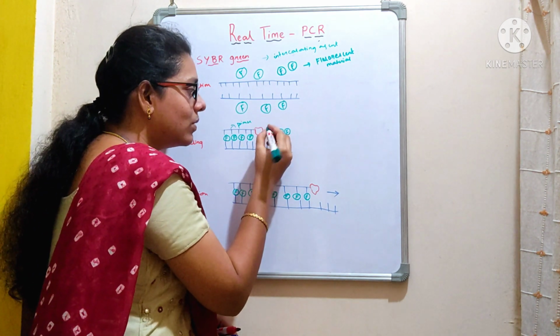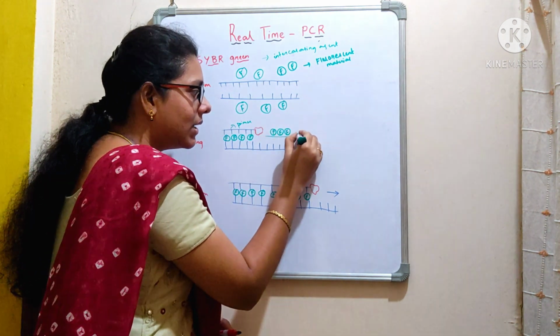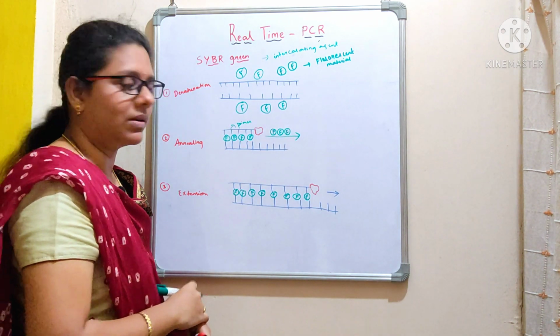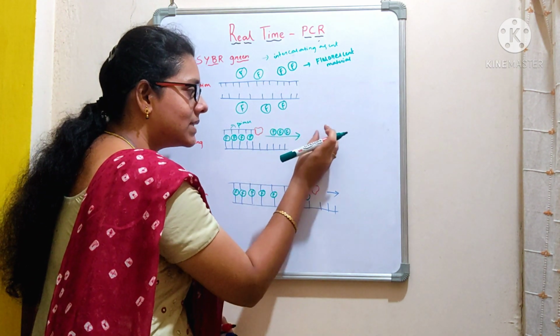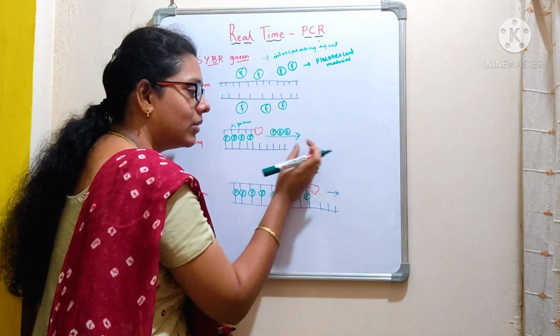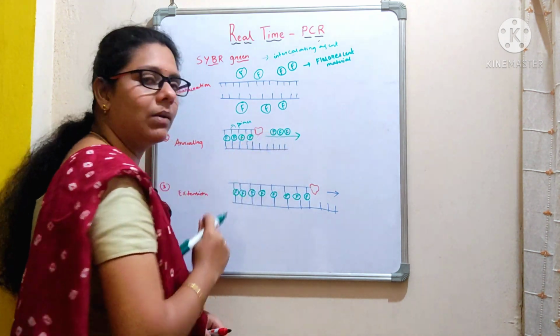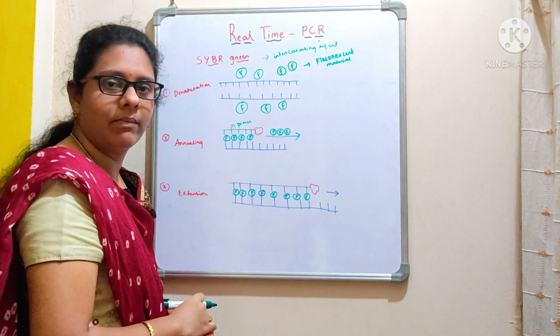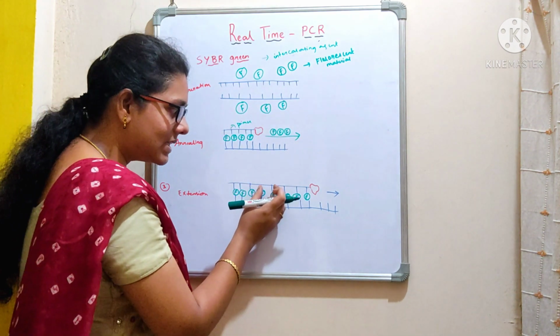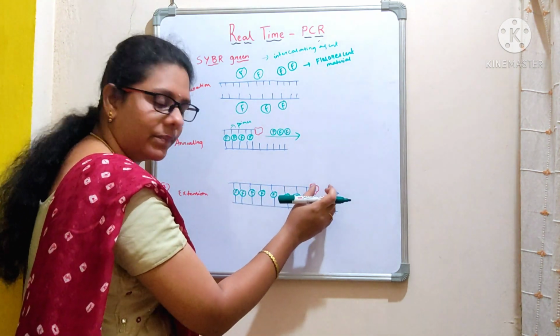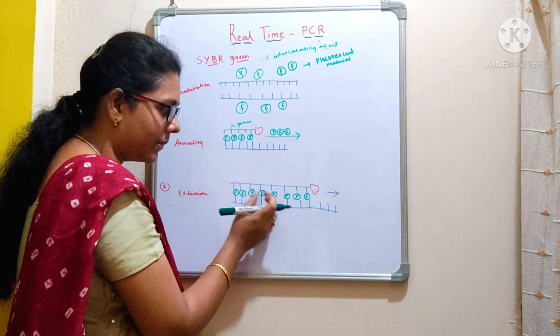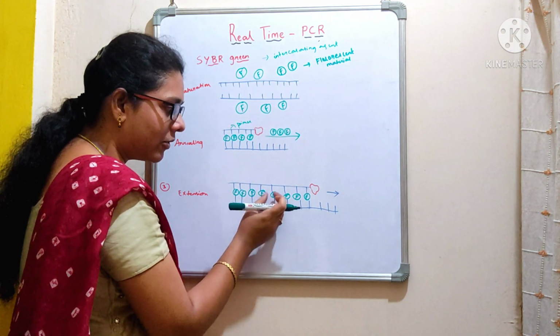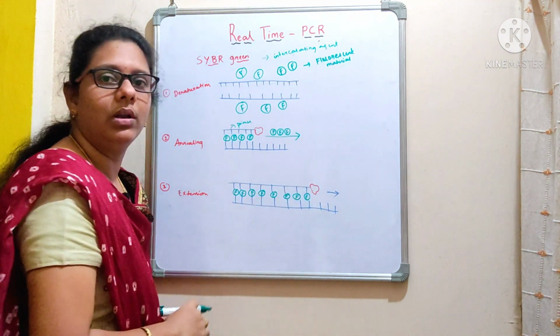So it is going to synthesize the DNA in the 5' to 3' direction. The new strand will be synthesized by the addition of nucleotides one after the other with the help of a DNA polymerase. Once this chain is elongated, you can observe here the incorporation of this fluorescent dye within the DNA molecule.